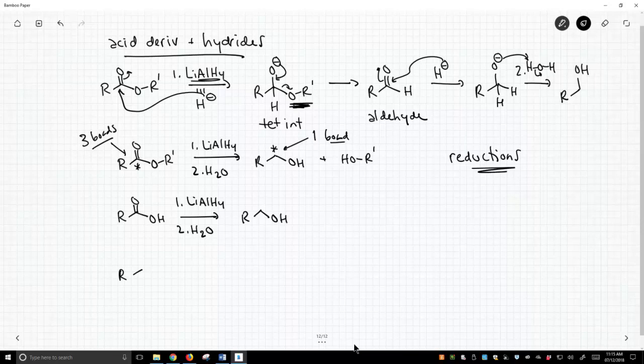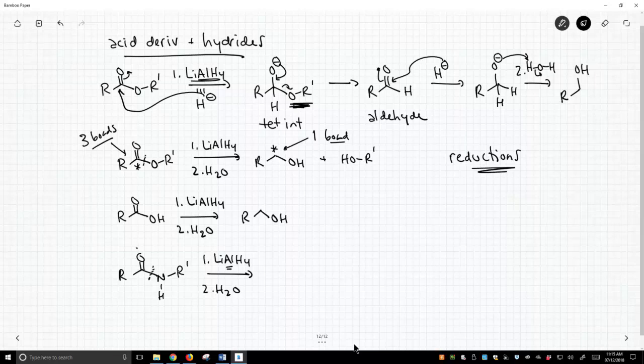Now, the last reaction I want to mention involves amides. Amides are a little bit different. When we react these with lithium aluminum hydride, this is a property that comes in because of the aluminum, we don't actually break this bond, which is the bond that we broke in our ester reaction.